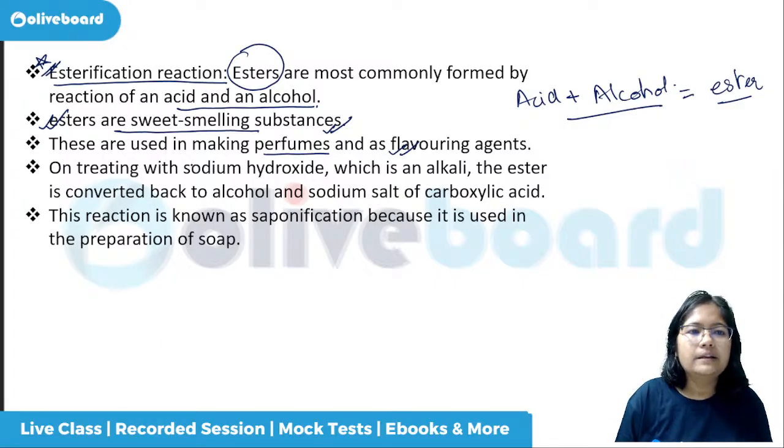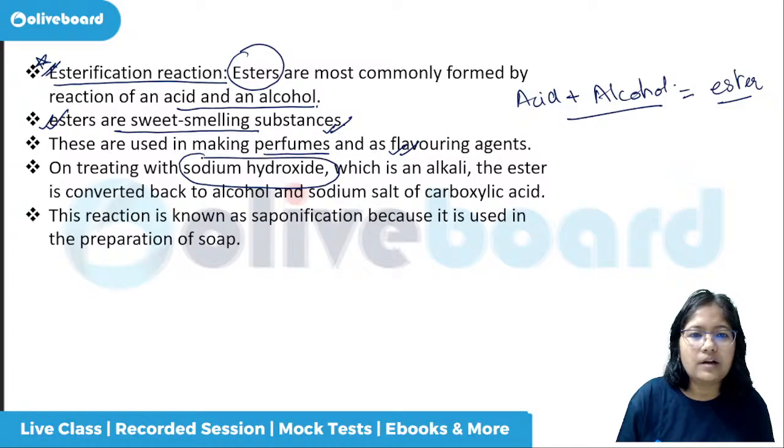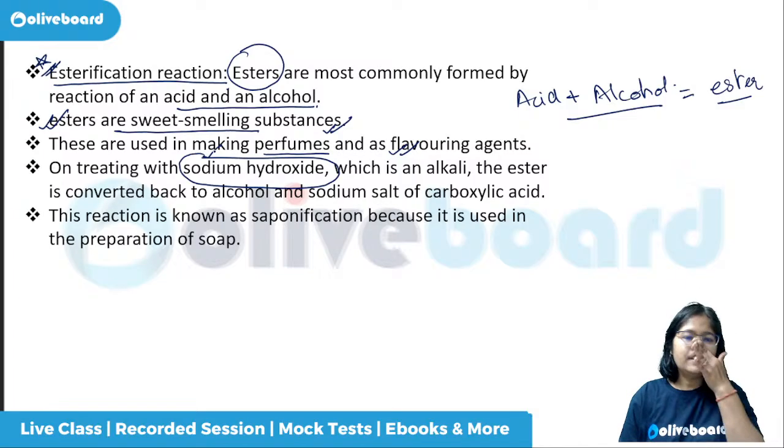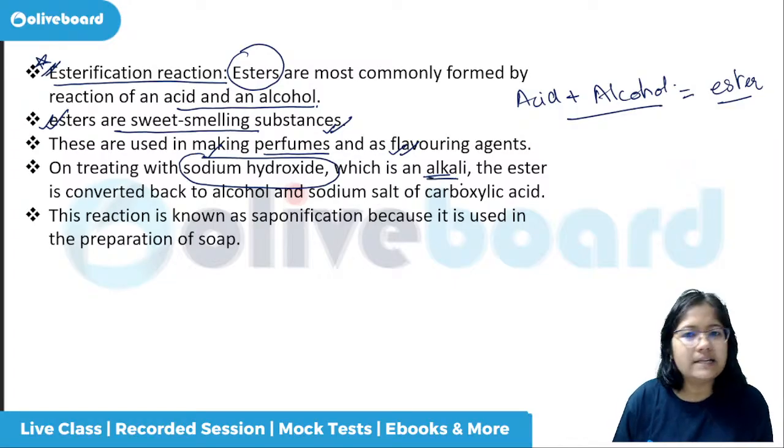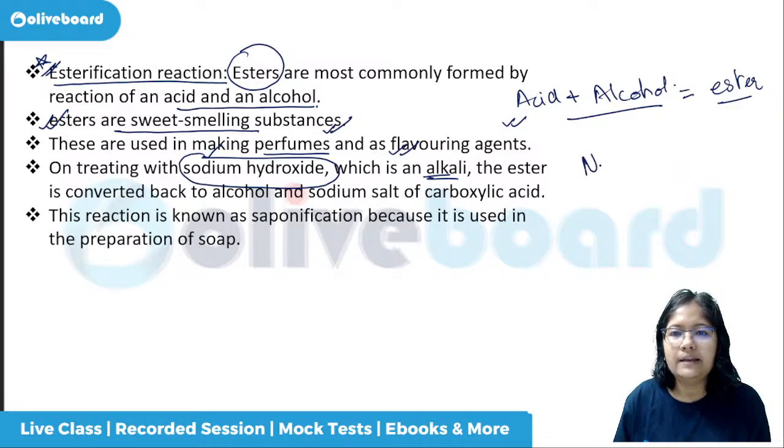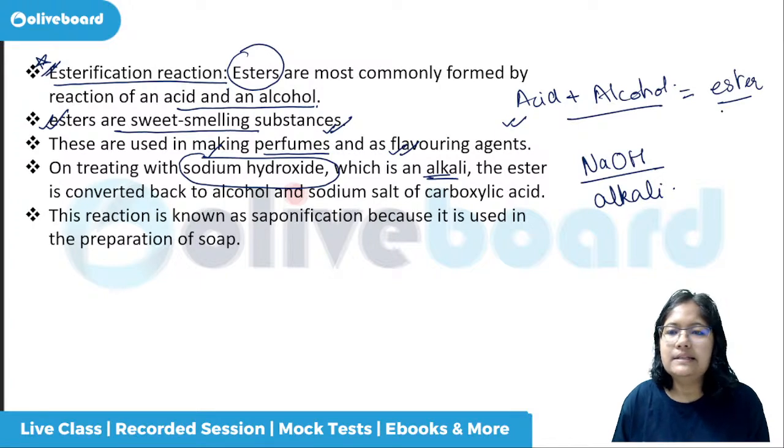Now, if we are treating them with sodium hydroxide, what will happen? Sodium hydroxide, NaOH, is an alkali. It is not acidic. Then in that case, this ester was formed because of acid plus alcohol, right?